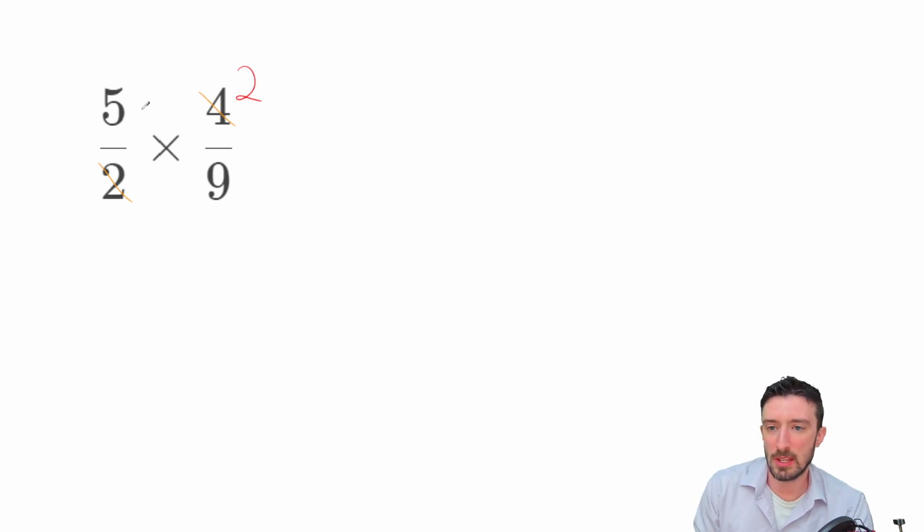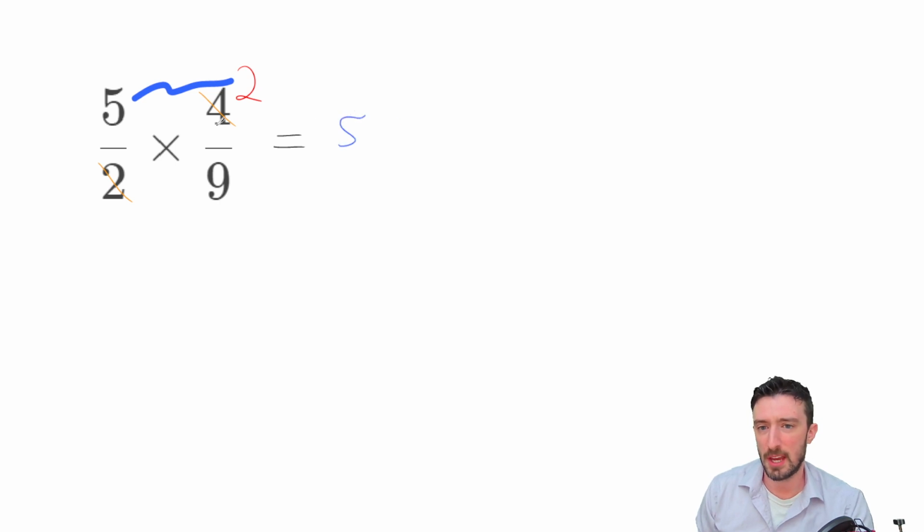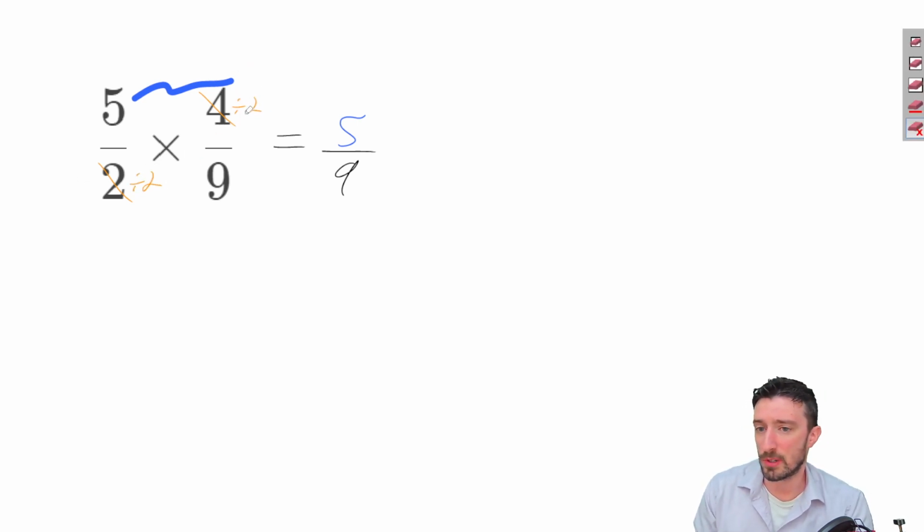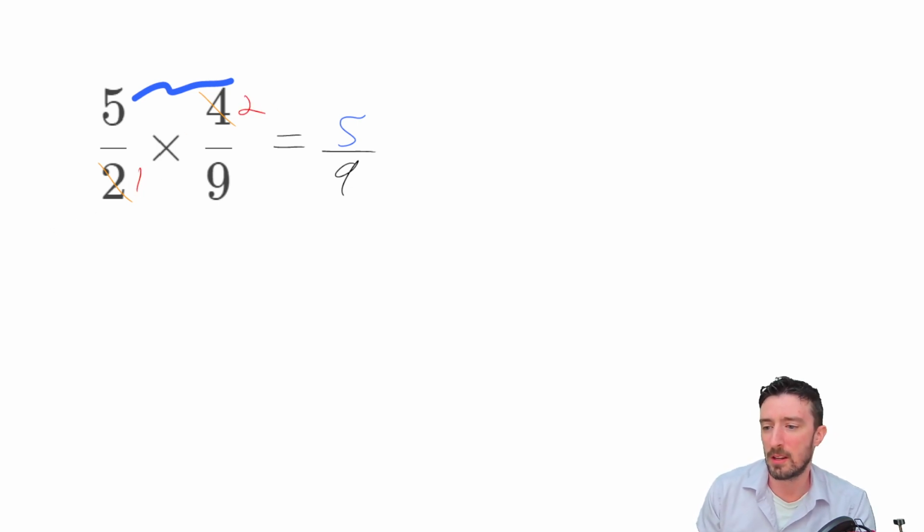So you can treat this as if it's really just telling you do 5 times 2, put that 5 up top, and then on the bottom we're just going to put a 9. Another way of thinking about that is you're dividing each of these by 2, and your result would be 2 and 1. So then if I take that 1 and I multiply it by the 9, I get a 9.